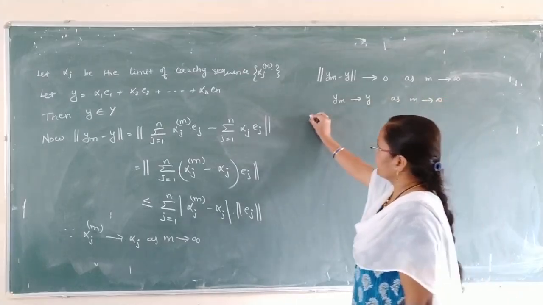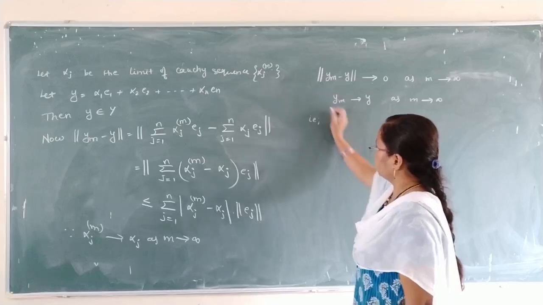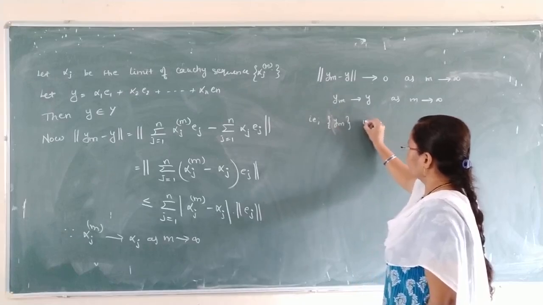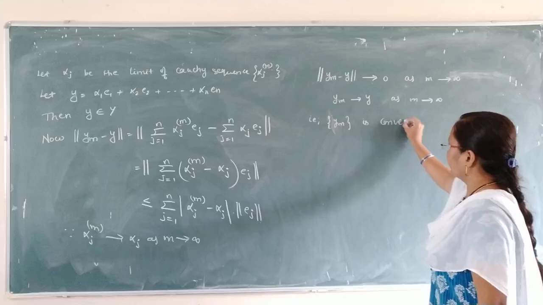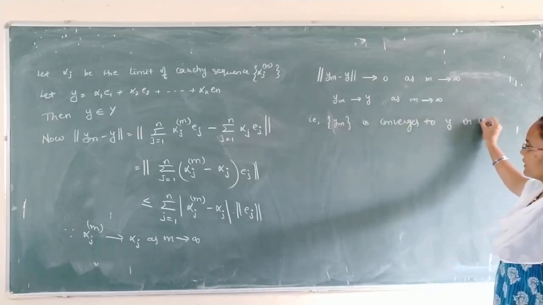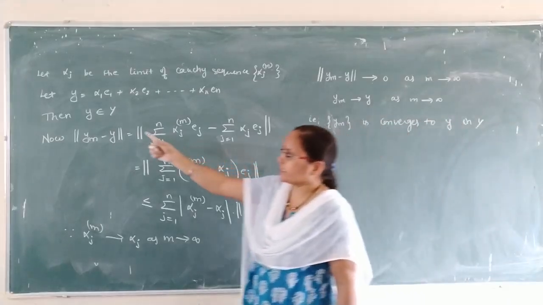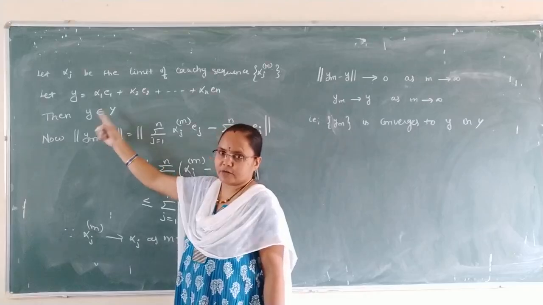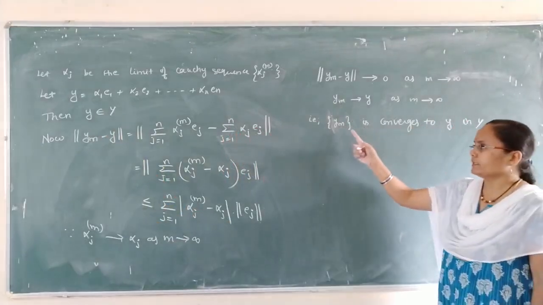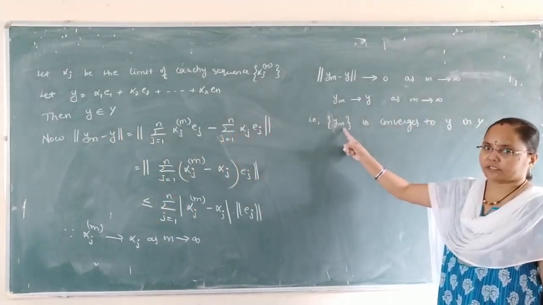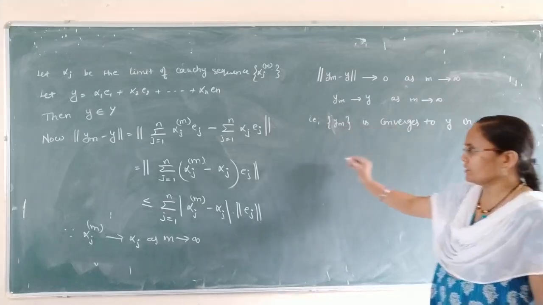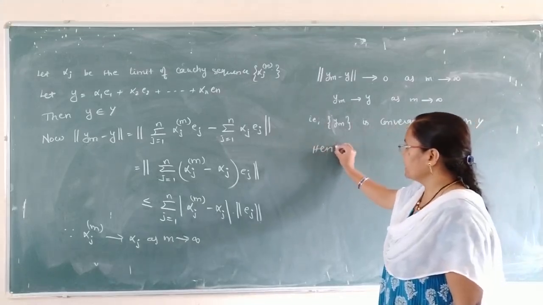So the sequence ym converges to y in capital Y. That's why in the previous lines we already have small y belongs to capital Y. In the starting lines we know that ym is a Cauchy sequence, and every Cauchy sequence is convergent, meaning the space is complete.